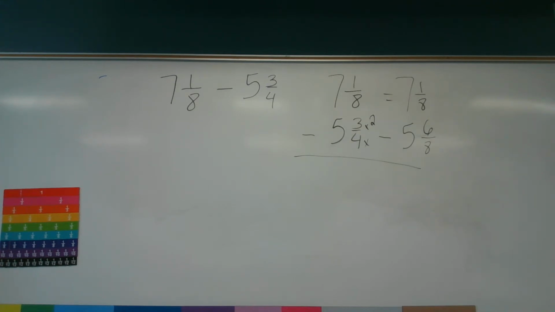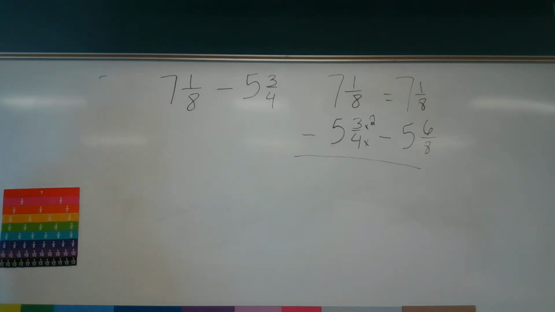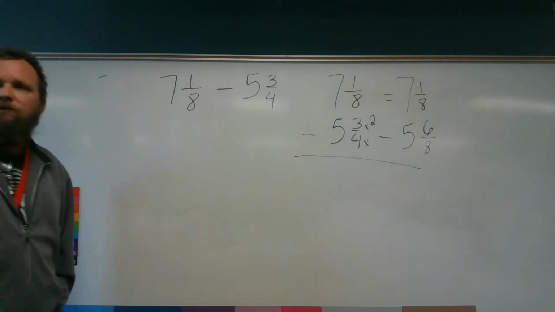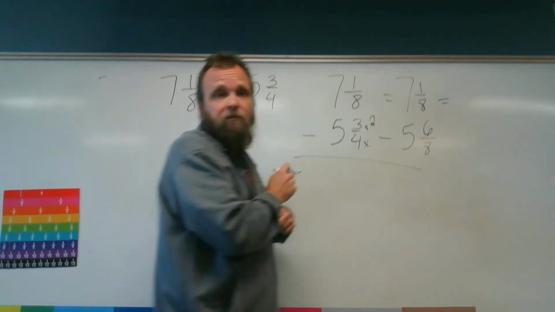Now there are other ways to do this, but I'm going to show you this way since you guys were so awesome at being able to change mixed numbers to improper fractions. So we're going to change each of these to an improper fraction.